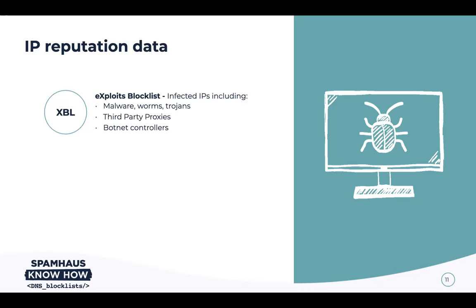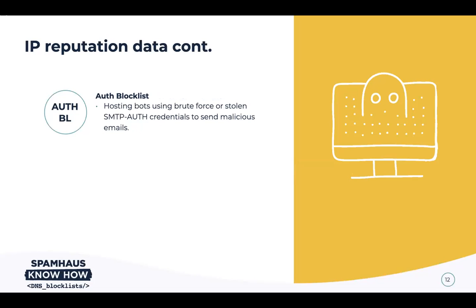Then we have yet another list that is the OAuthBL that is generated as a subset of the XBL mostly. And this is a subset of the compromised machines that we observe that we know are either capable or actively doing abuse of SMTP credentials.